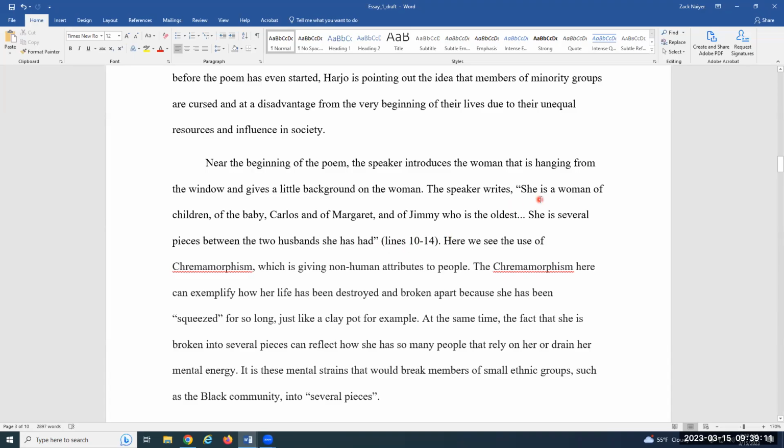One thing that he should do, though, is use forward slashes indicating the line breaks. I don't have that poem memorized, so I'm not sure where the line breaks would be. Let's say maybe the first line break was here, so the writer should put a forward slash there.